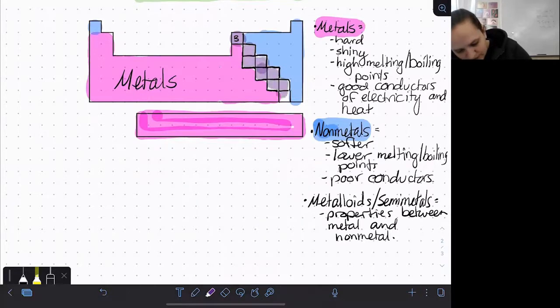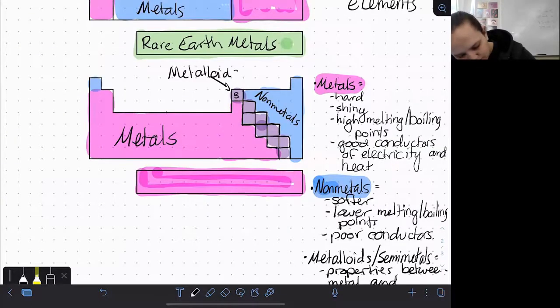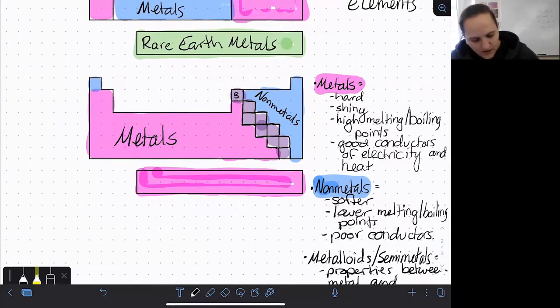So all of these are our metalloids in that purple area. So I can probably fit that in there. And no, that's hard to read.